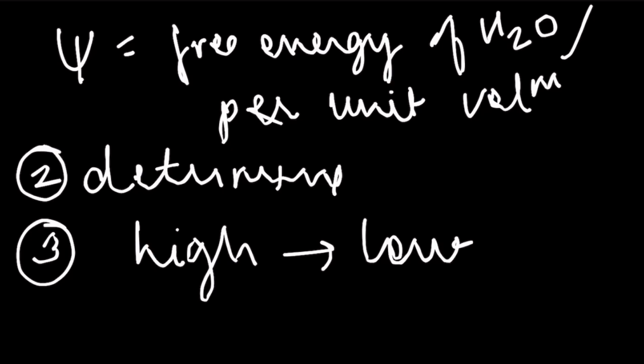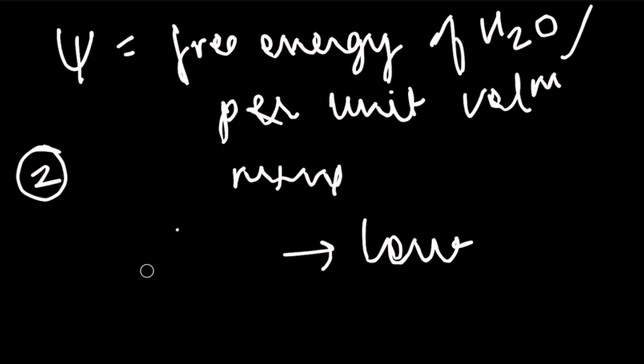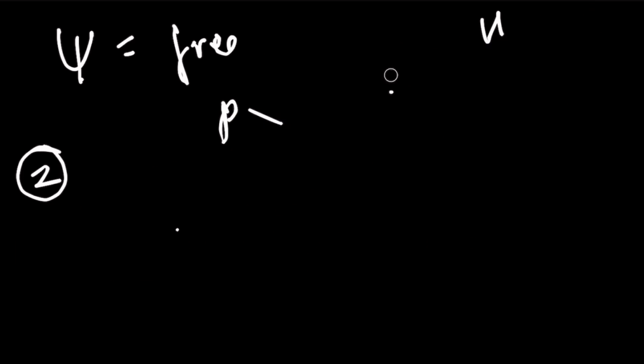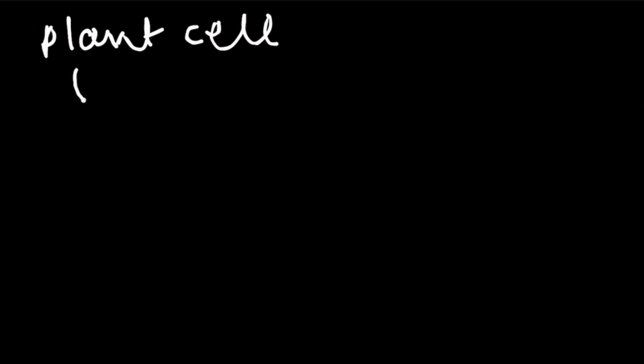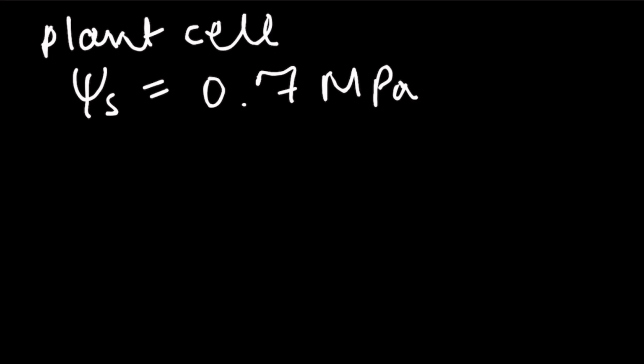Now, again, I'm just going to take a really simple example for you to understand. So we are going to do a very simple problem. For example, let's say you have a plant cell. In there, you're having a solute potential of 0.7 megapascal and a pressure potential of 0.5 megapascal.